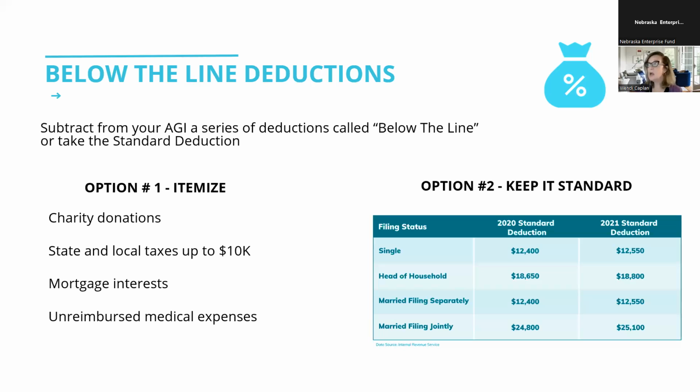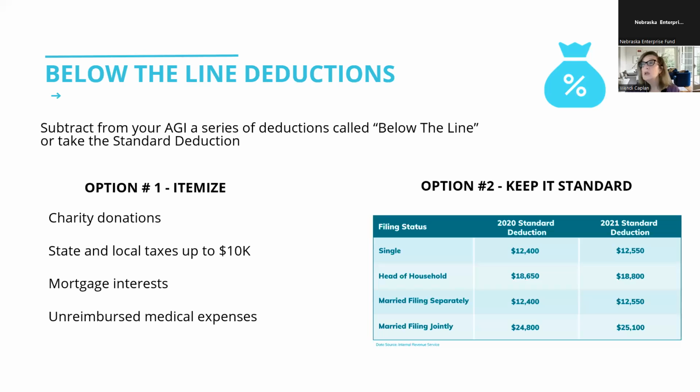So if your itemized expenses were less than $12,550, you would do the standard deduction. In this case, you can choose which is best. Itemized deductions include charity donations, state and local taxes, your mortgage interest, and any unreimbursed medical expenses.